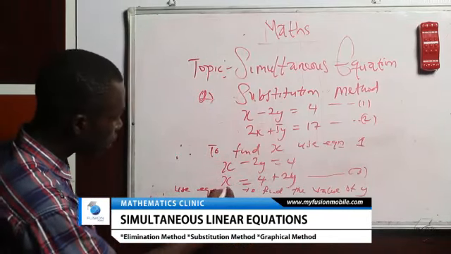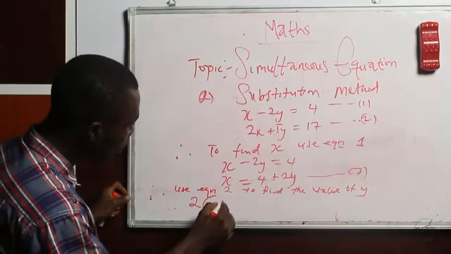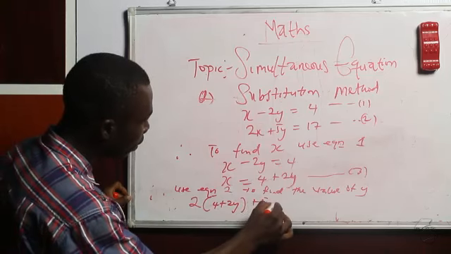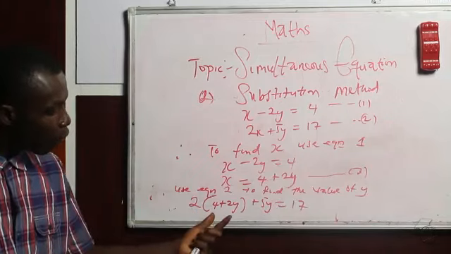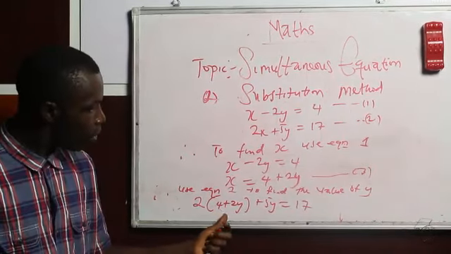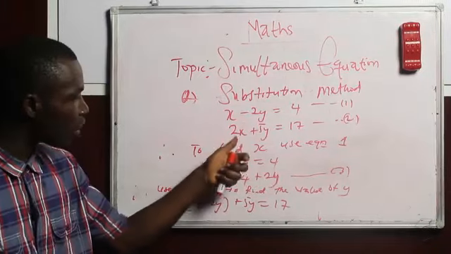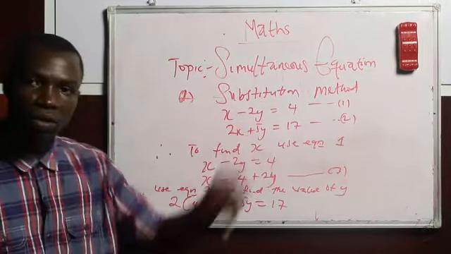Therefore, 2 brackets into 4 plus 2y, plus 5y equal to 17. How do we have 4 plus 2y? Because our x is equal to 4 plus 2y, and the equation here is 2x plus 5y equal to 17.